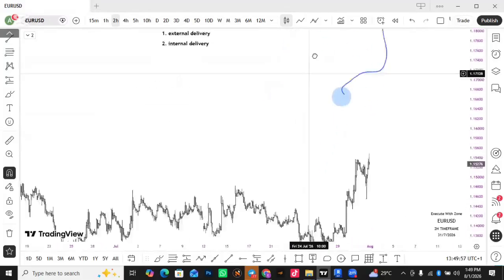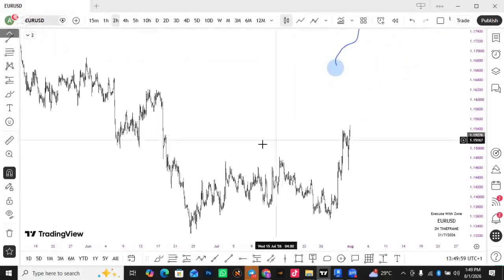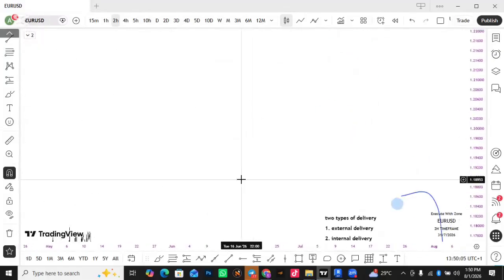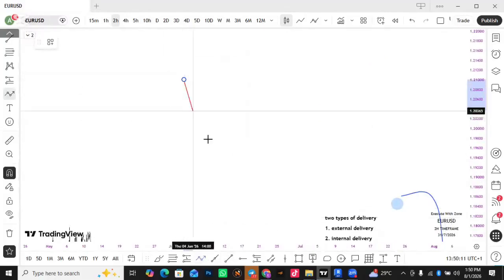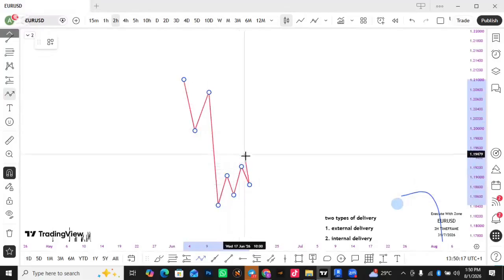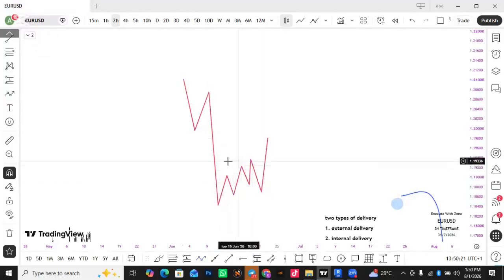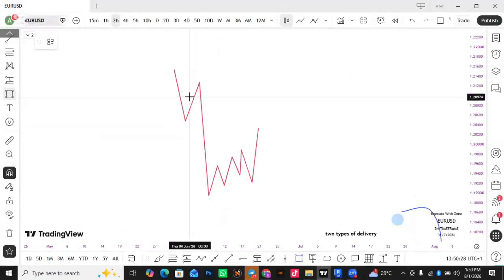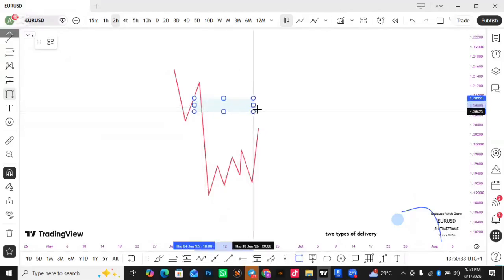That's the exact thing the chart is narrating to us. But now let me draw an illustration for us. This is just an illustration. I know there are some things I'll be saying here that you may not be familiar with if you're a beginner, but don't get distracted with those words.